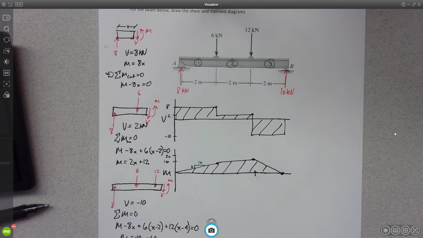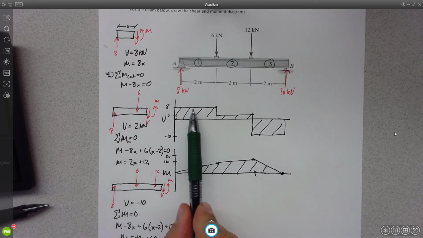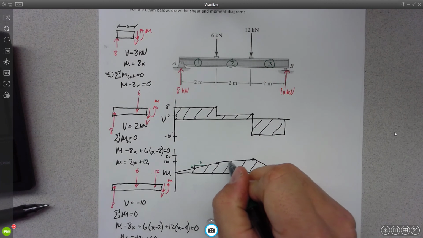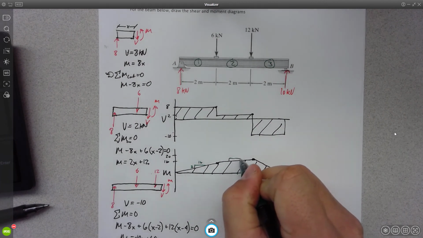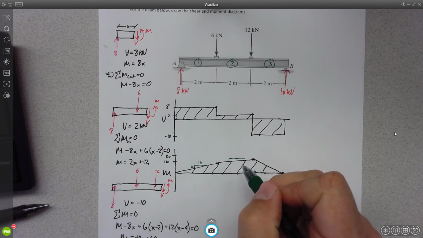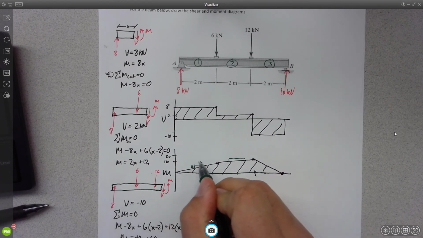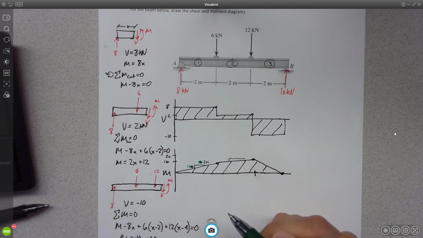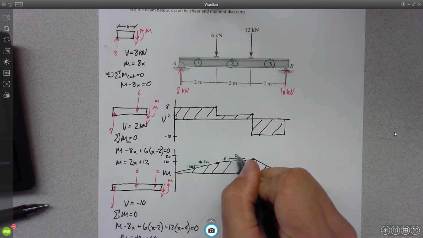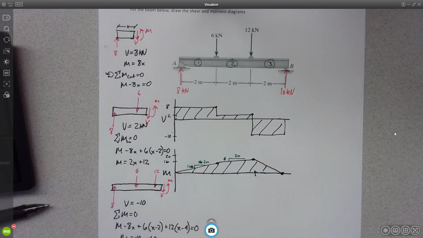What's that mean the slope is? 8. What's the value of the shear diagram here? 8. Okay? Here, our slope is, we go, oh crap, I did this backwards, guys. I'm sorry. We went 2 meters and up 16, right? Here we go up 4 in 2 meters. So what's my slope there?